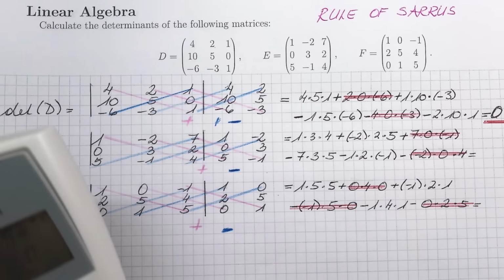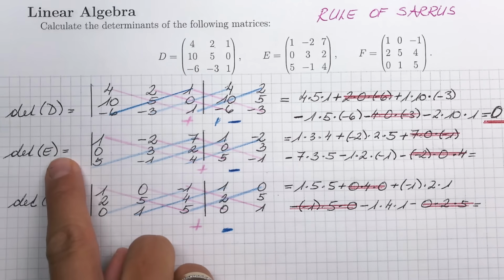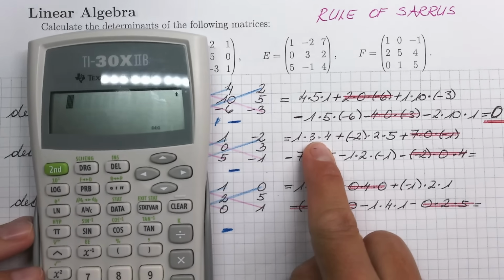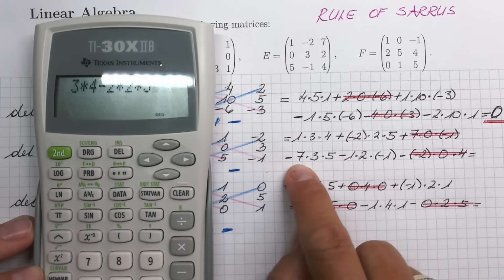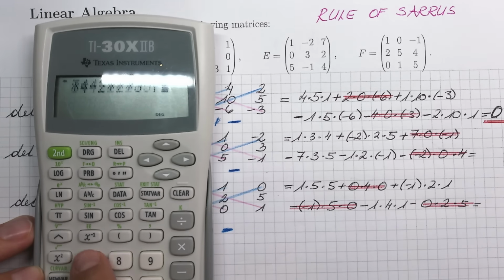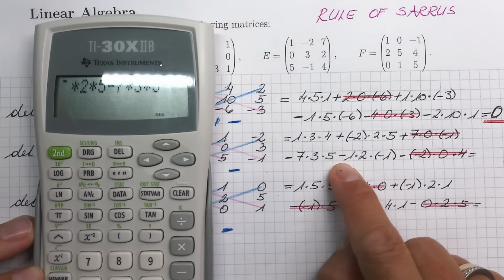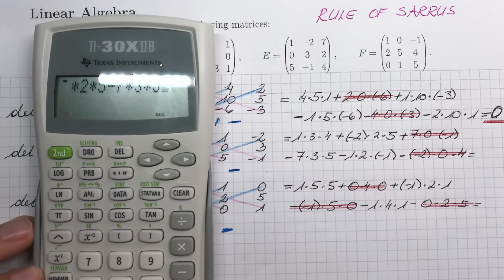Now let's go to the determinant of matrix E. We start here, 3 times 4. Now here we got a minus sign, 2 times 2 times 5. Then we move on here, minus 7 times 3 times 5. Again, here it's minus times minus is plus. Okay, that's 2.